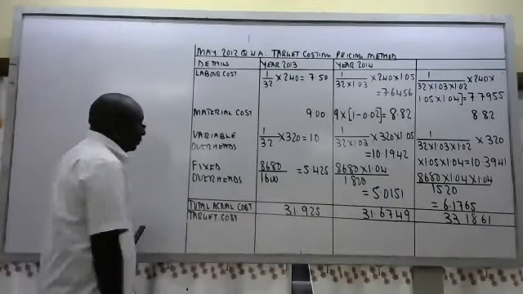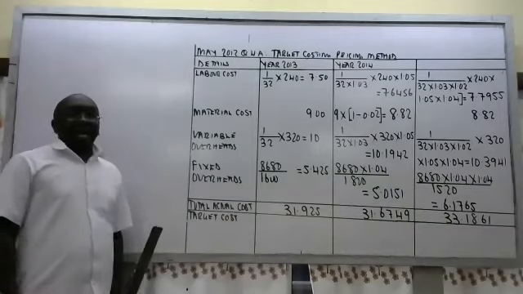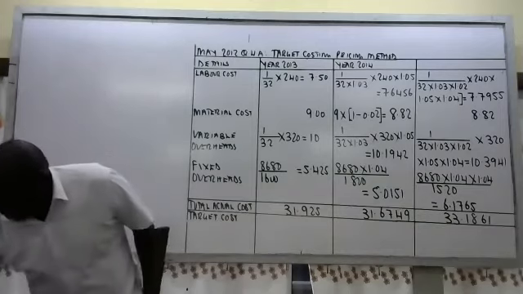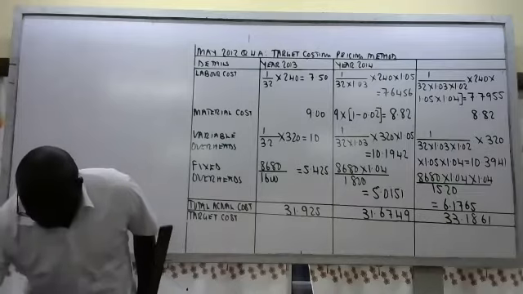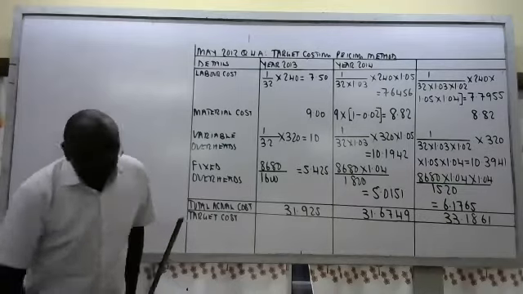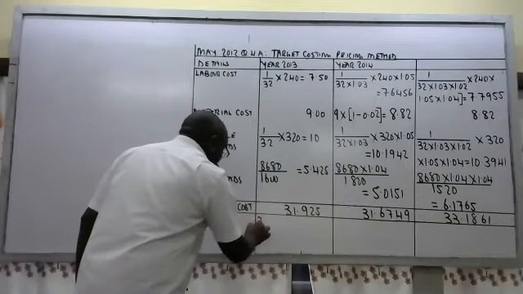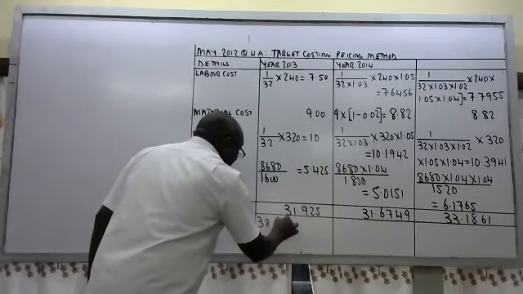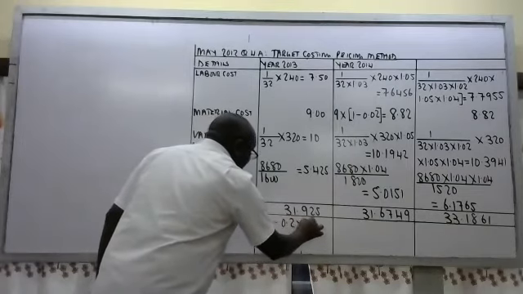Target cost is given as the selling price minus the profit. For the first year, the selling price is 38 and the profit is 20%.